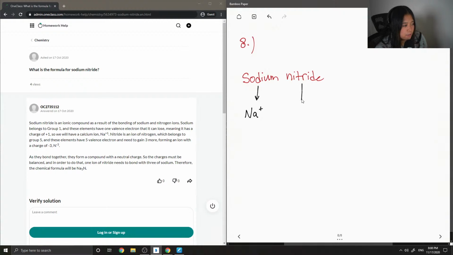But nitride, on the other hand, has the formula N3-. So therefore, we need 3 sodium ions to neutralize the -3 charge that the nitride has. So sodium nitride will be Na3N.